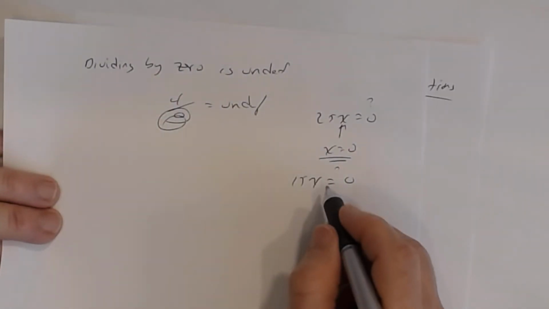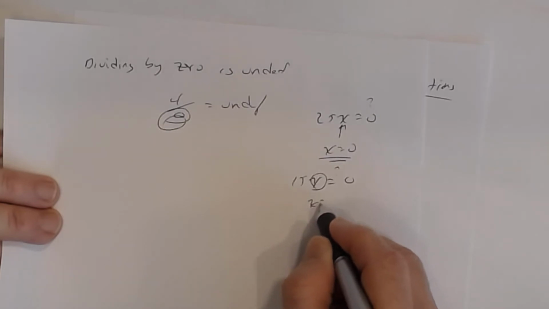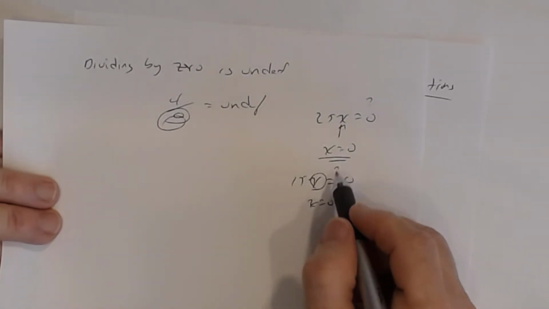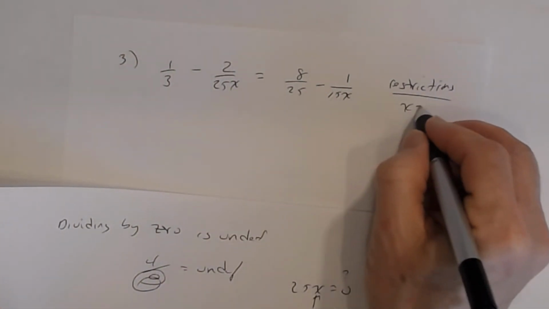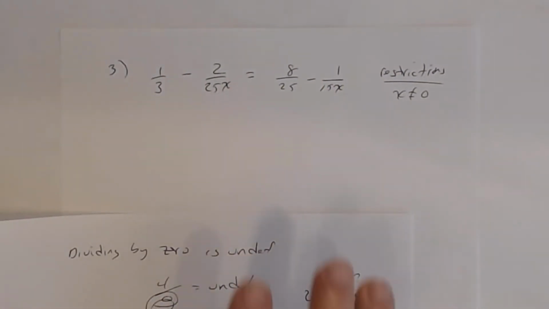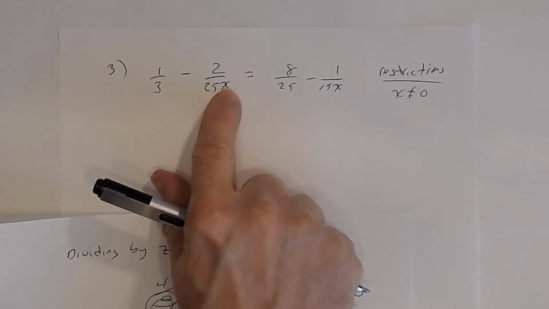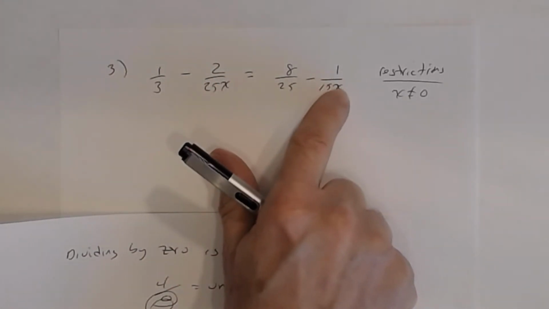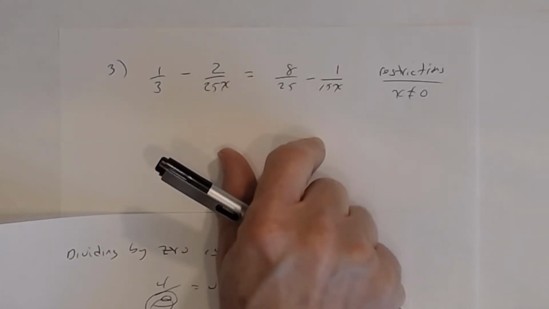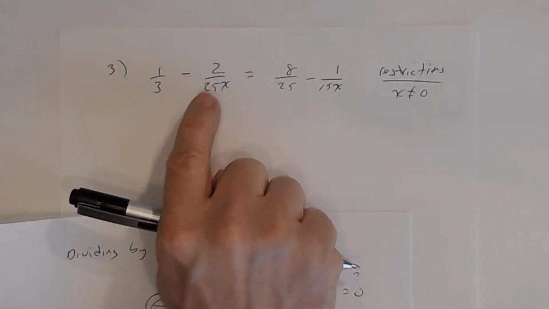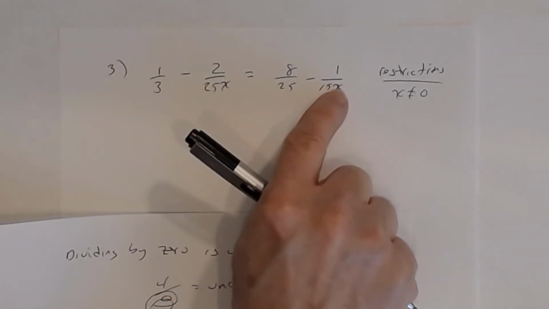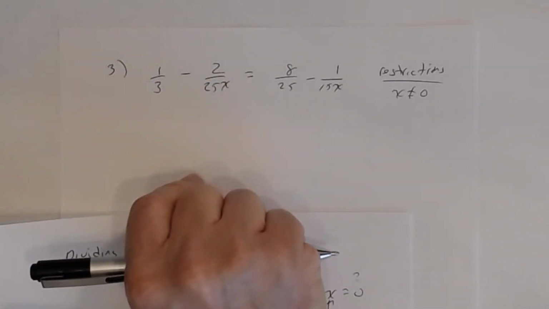Well, 15x equals 0 when x is equal to 0, because 15 times 0 is 0. So your restriction is that x cannot be 0. Because if x is 0, 25 times 0 is 0, so that's 2 divided by 0, which is undefined. 15 times 0 is 0, 1 divided by 0 is undefined. So the first thing you have to do whenever you have a rational equation and there are variables in the denominator, you have to find that restriction.